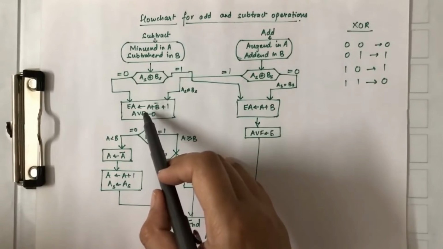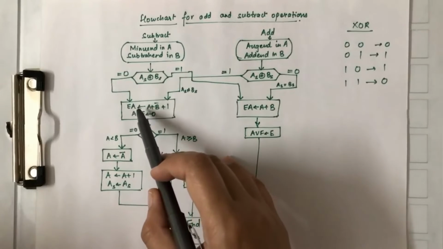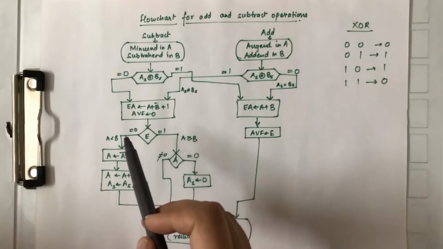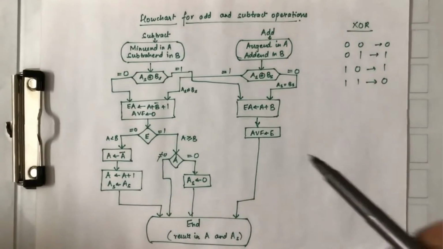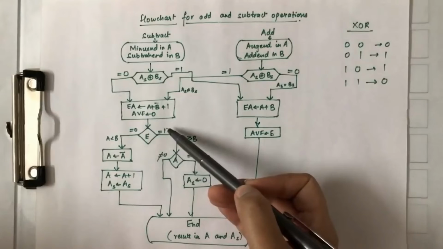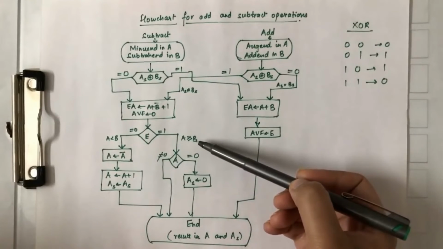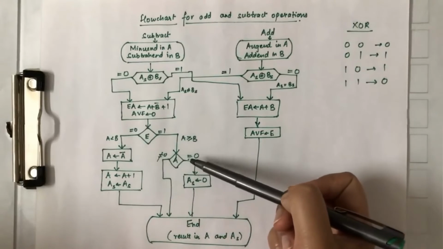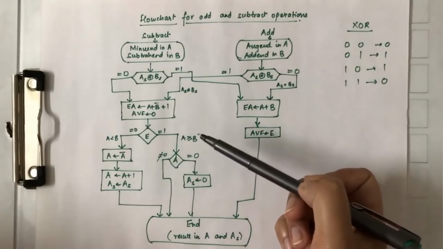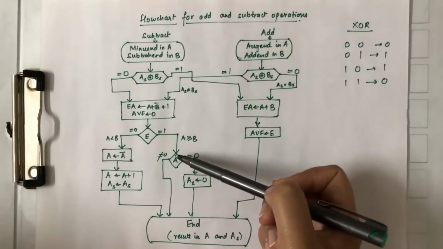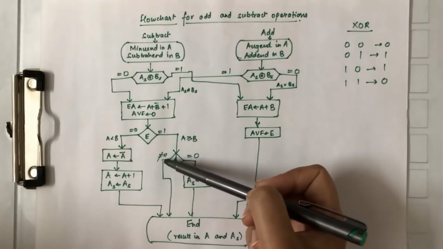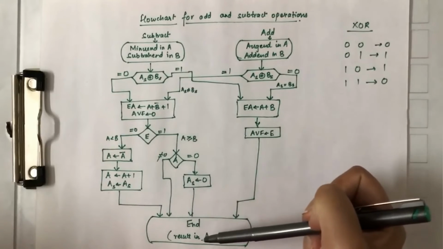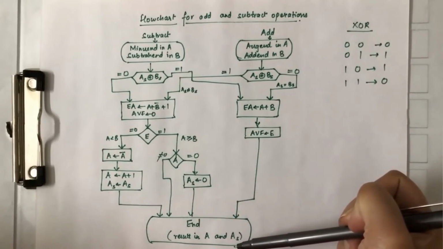Coming to the subtraction part, what we are doing is adding the 2's complement of B to A, and the result is stored in EA. Now the value of E determines which number is greater. If the value of E is 1, A is greater than or equal to B, otherwise it is smaller than B. If A is greater than B, that means the result is not 0, the result is already found and stored in A and AS.